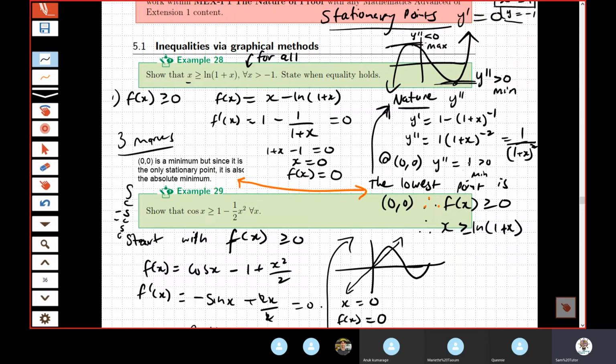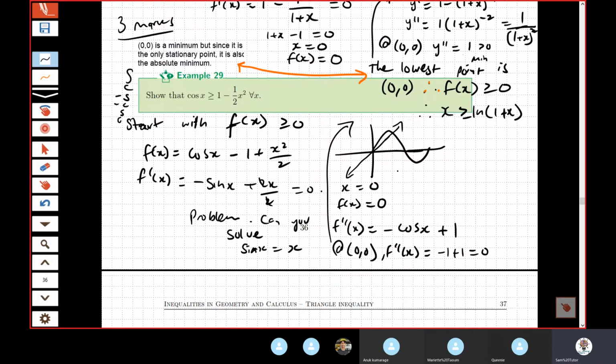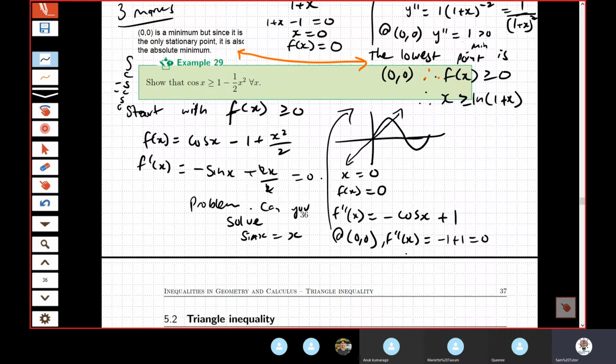I spoke about only y double dash greater than 0, which is a minimum, and y double dash less than 0, which is a maximum. There is a case where obviously y double dash equals 0, which we say is a possible point of inflection.